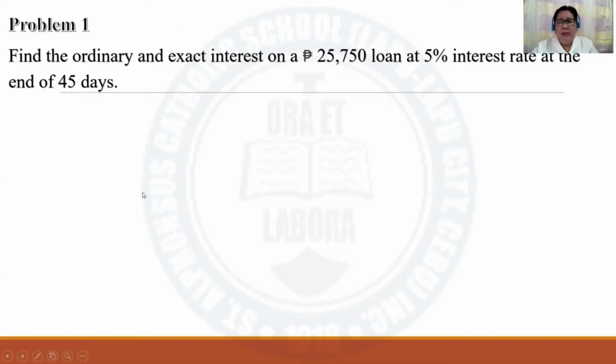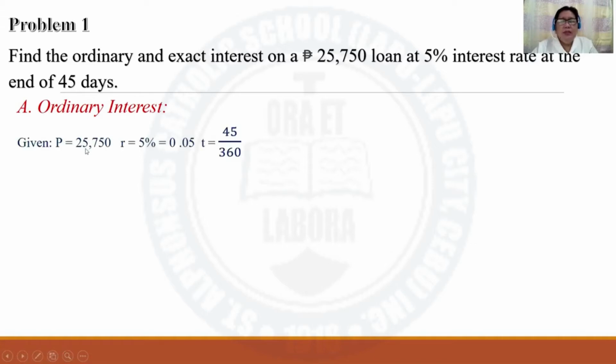Let us have examples. Problem 1. Find the ordinary and the exact interest on a 25,750 pesos loan at 5% interest rate at the end of 45 days. For the first solution, let us take up first the ordinary interest. So given 25,750, this is the principal amount.